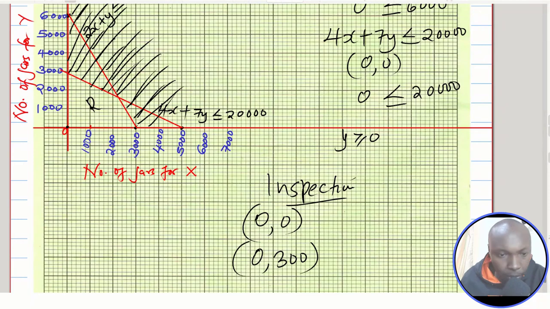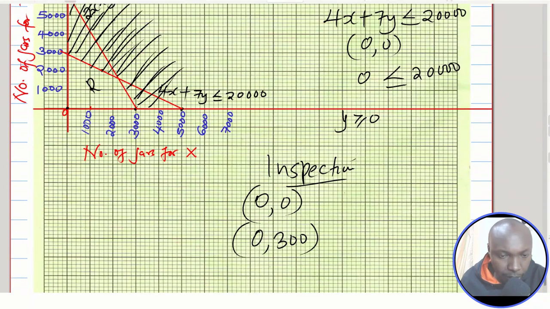Those are the corner points of the feasible region. Then we also have this one again, the intersection of these two lines. On the scale, one small square will be 200, so this one will be 2,200.